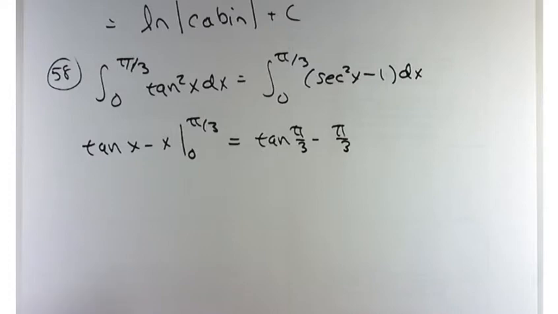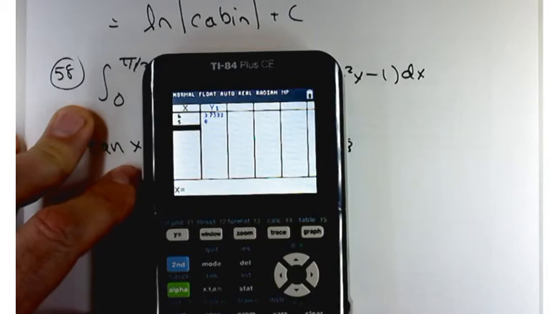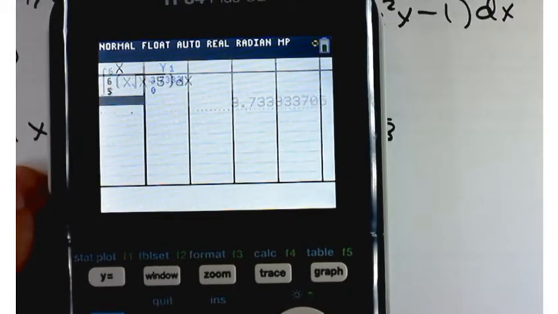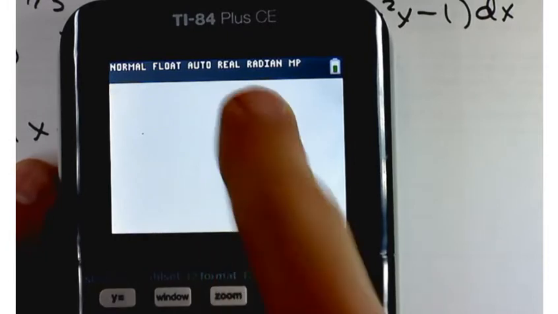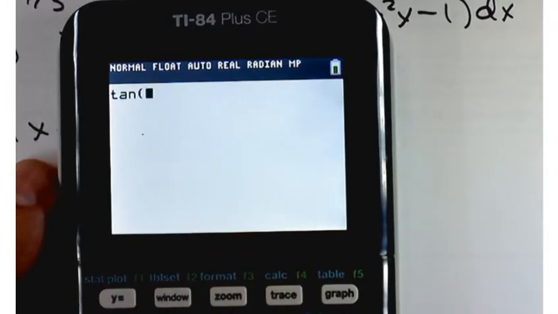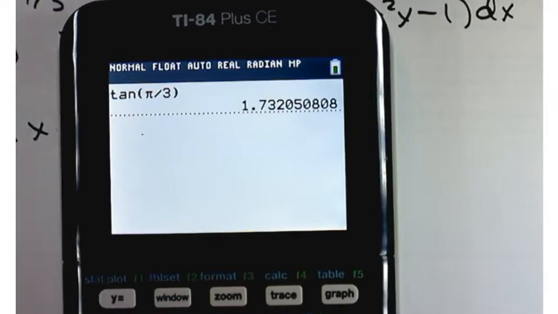And the tangent of pi over 3, a lot of you might not know that off the top of your head, so let me remind you of a trick that I may or may not have shown you earlier. If your calculator's in radian mode, let's do tangent of pi divided by 3. And it might not be a familiar number. You might look at it and go, God, I don't know. So here, try this.